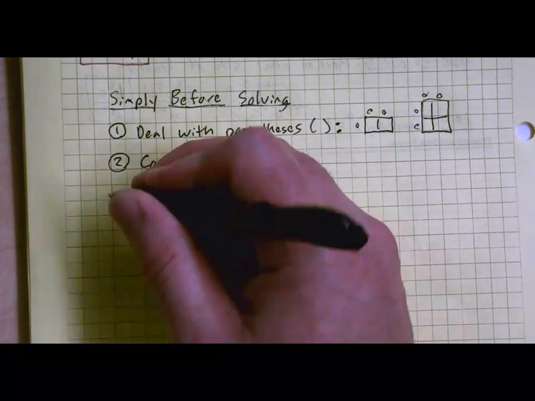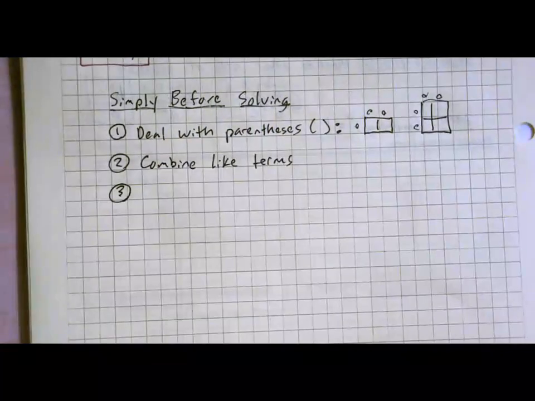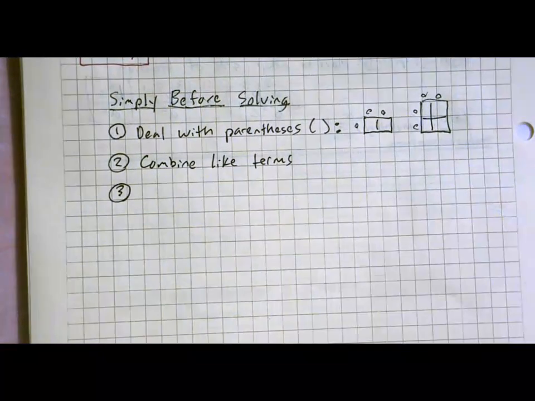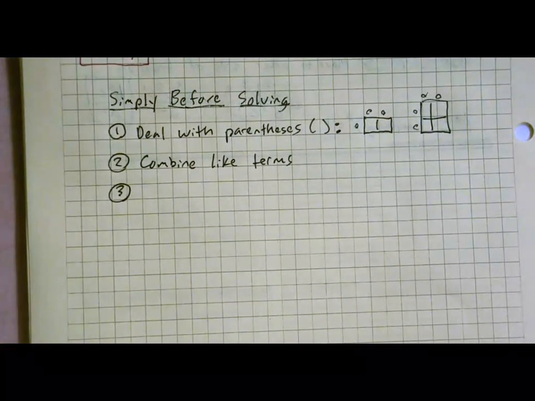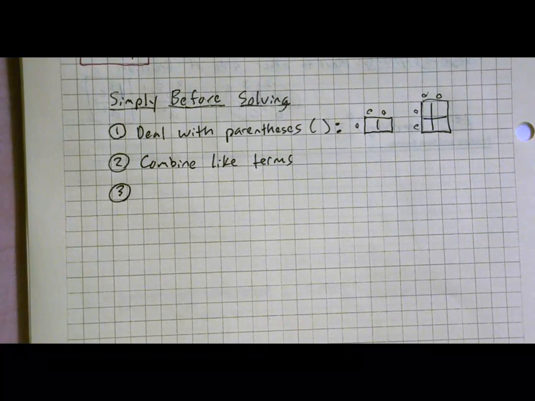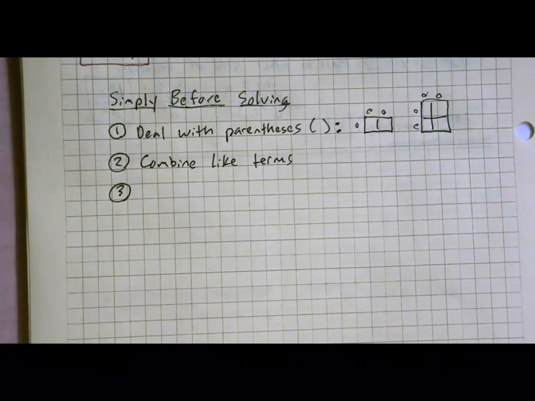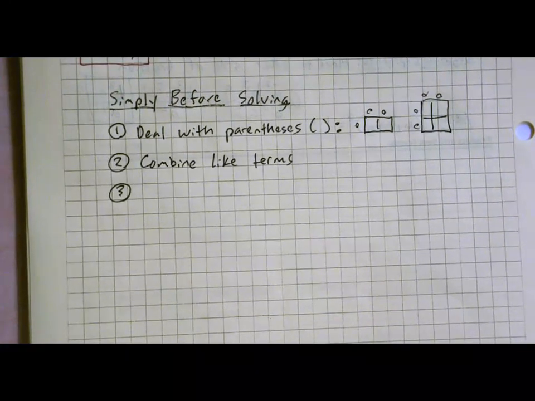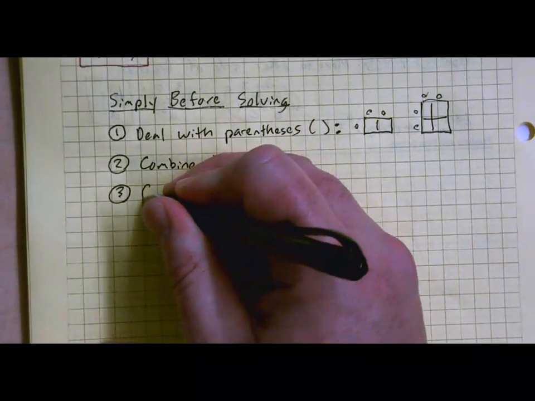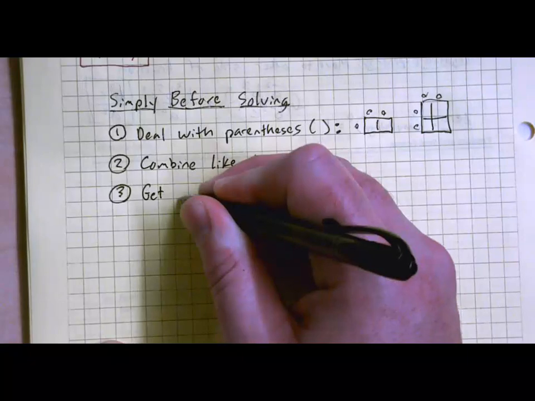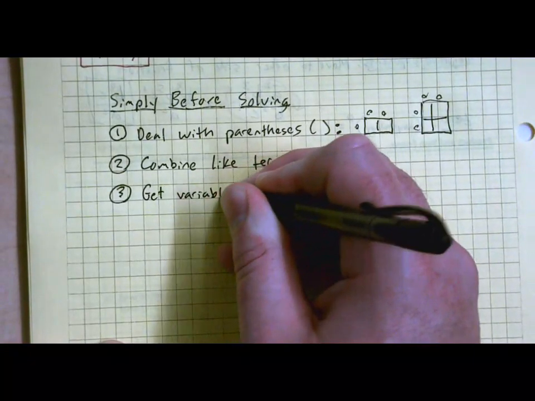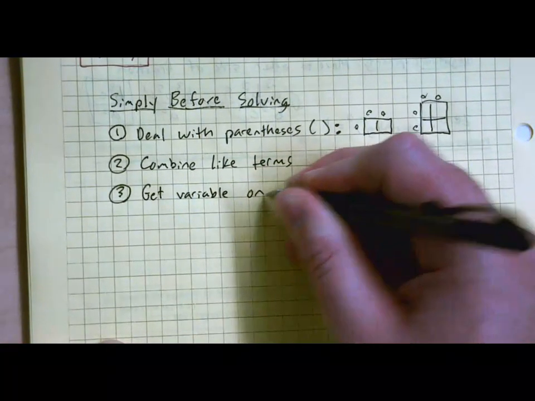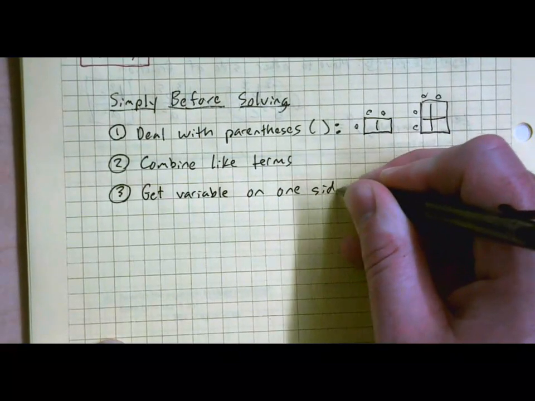And then step 3, and this is the one that people tend to forget. We cannot solve an equation where we have variables on both sides of the equation. You can't isolate a variable if it's in 2 different places. So step 3, we want to make sure to get our variable, usually x, on one side only.